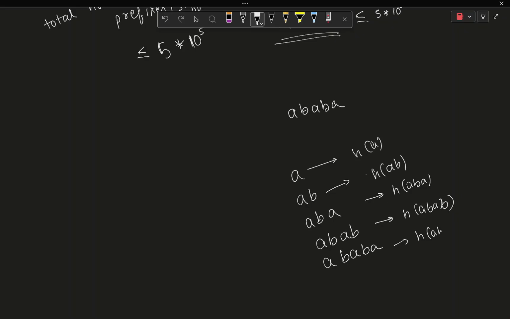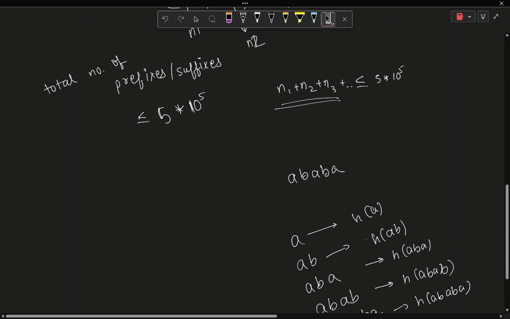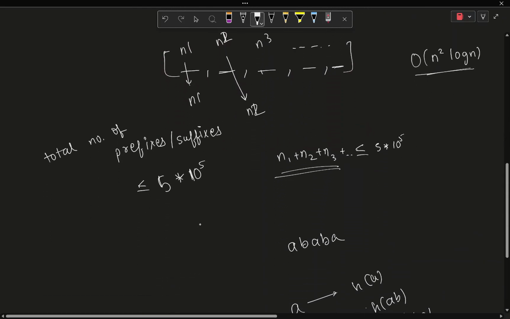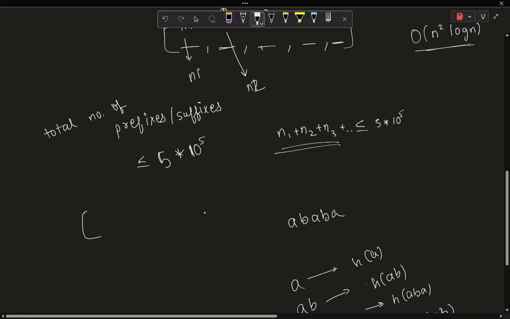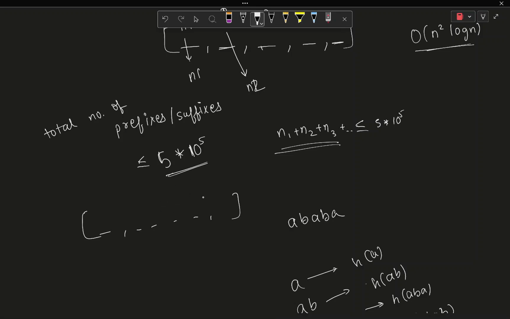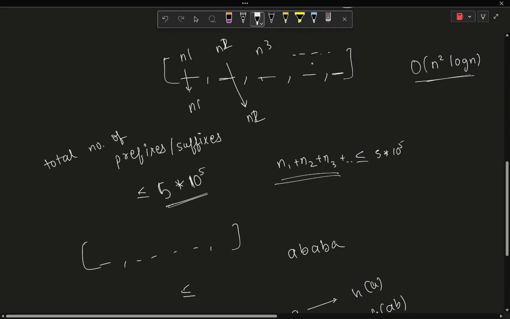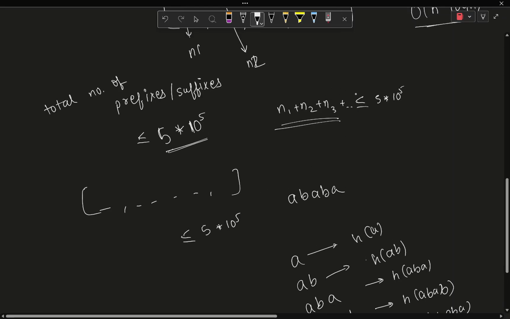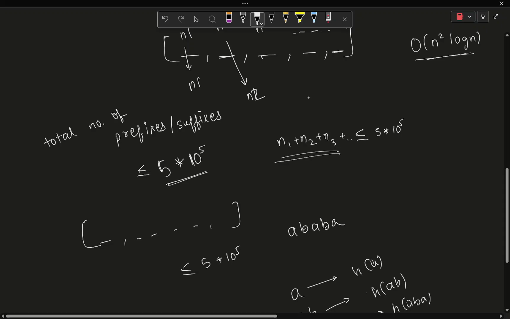So can I say that from the given array of strings I had, I can generate an array of length less than or equal to 5 into 10 raised to the power 5, basically a length equal to the sum of lengths of all the strings, the number of characters in all the strings.